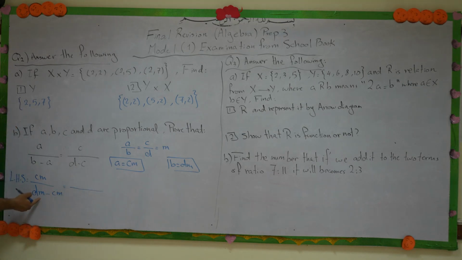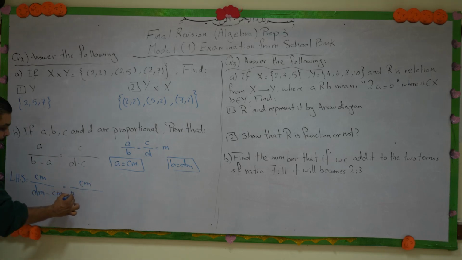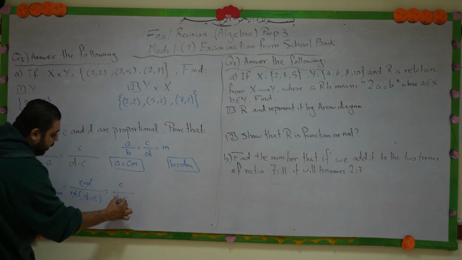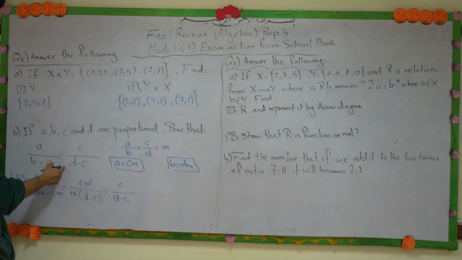We can take a common factor from the denominator. The common factor of the denominator will be m, it remains d minus c. We can cancel m with m. So the final result is c over d minus c, which is the right-hand side.